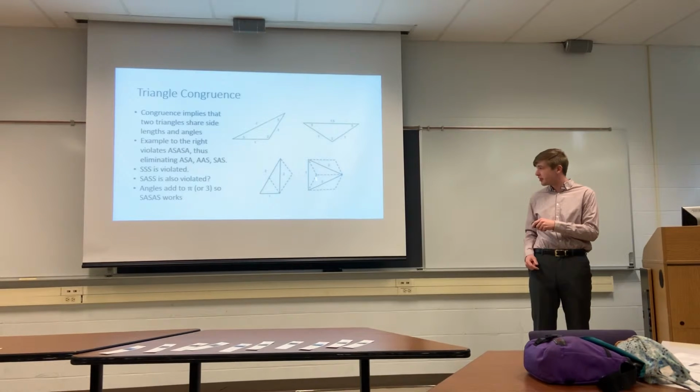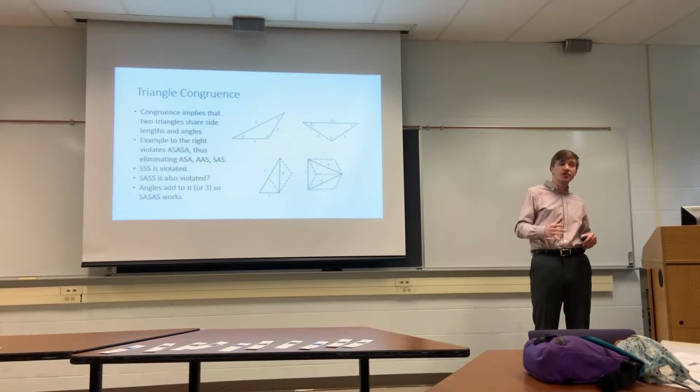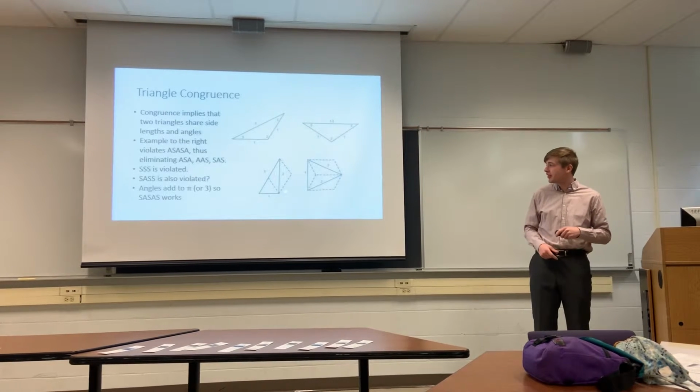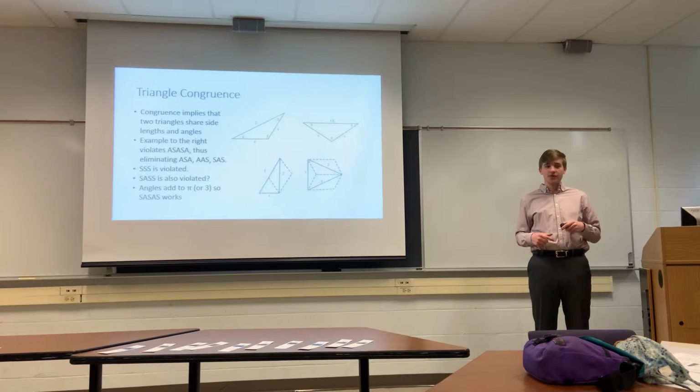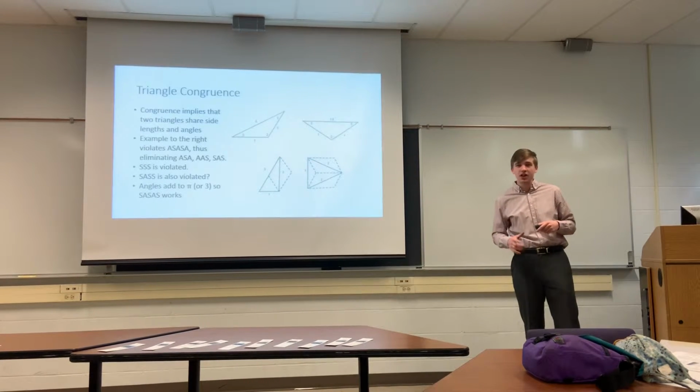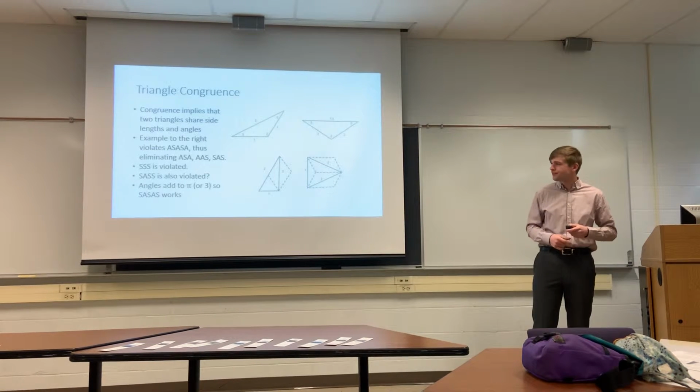And since this is just a reflection across the x-axis, we know the isosceles angles are also going to be the same value. And so we have two different triangles, even though all the side lengths are the same. The triangles are different, so side, side, side doesn't imply congruence.